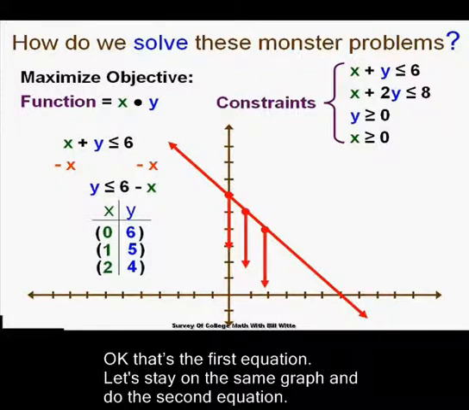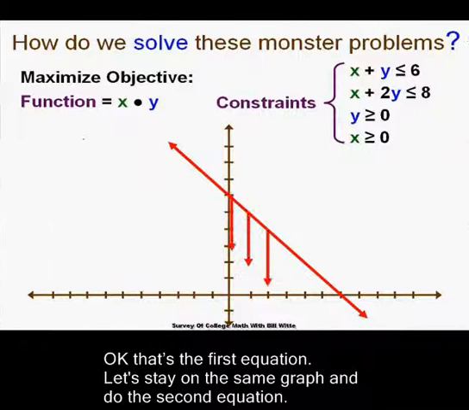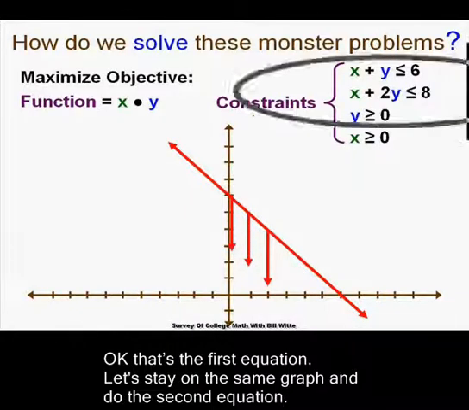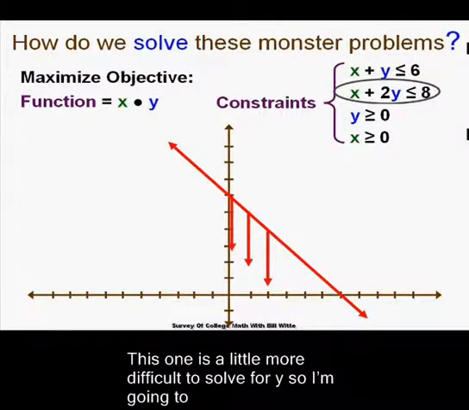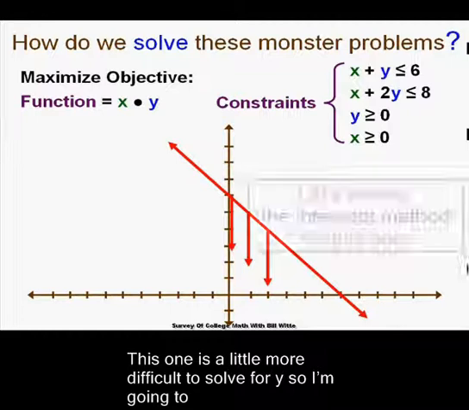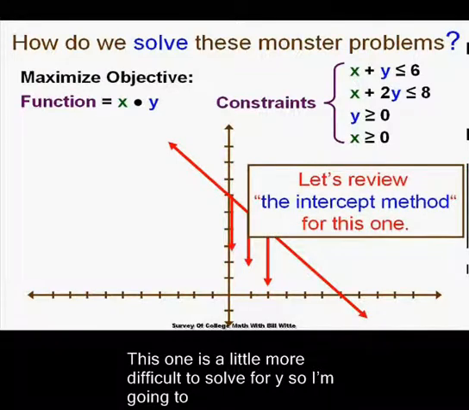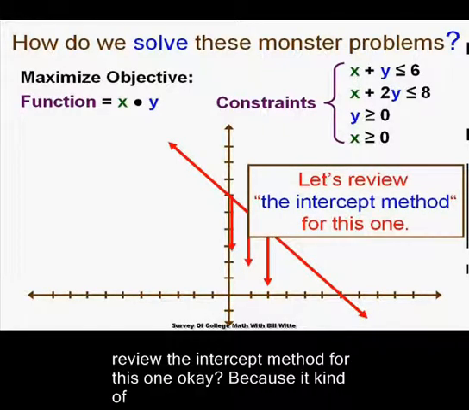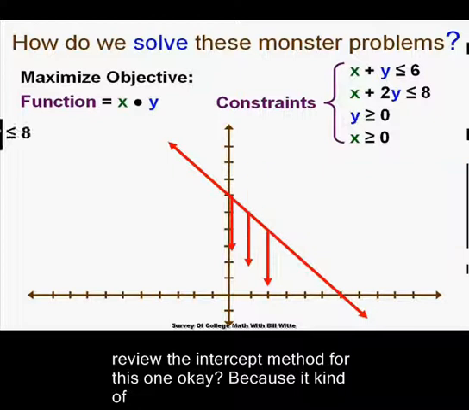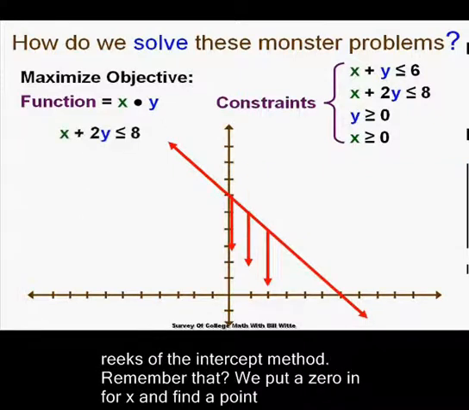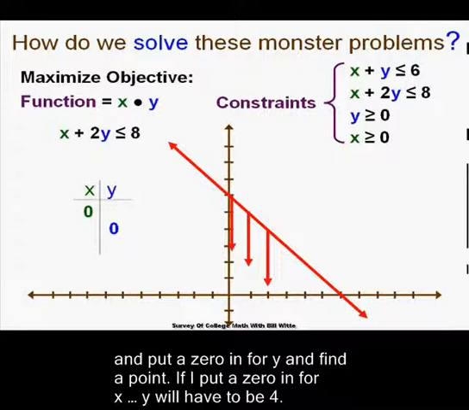Now let's stay on the same graph, and we'll do the second equation. This one, it's a little more difficult to solve for y. It's not that hard. But I'm going to review the intercept method for this one, because it kind of reeks of the intercept method. Remember that? We put a 0 in for x and find a point, and put a 0 in for y and find a point.